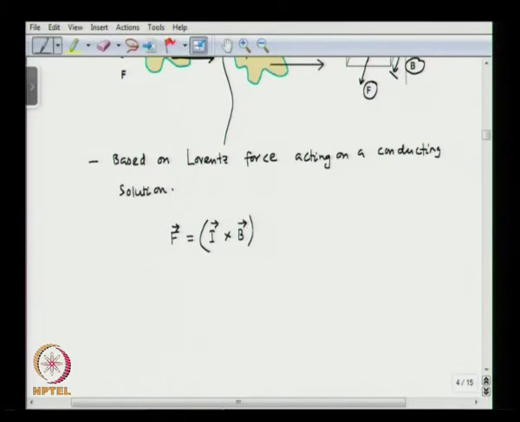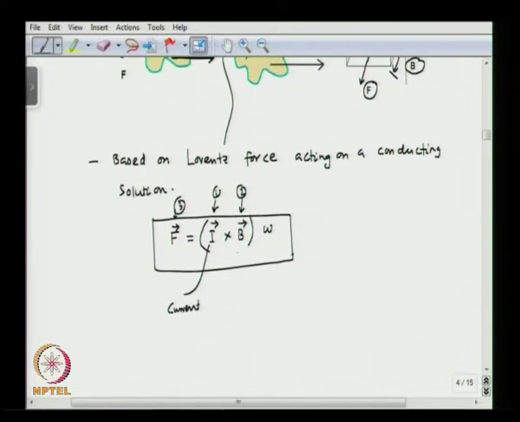Current is along one direction and magnetic field along direction 2, so this will be along the third direction, into W. Here I is the current and B is the magnetic flux intensity, and W is the distance between the electrodes.